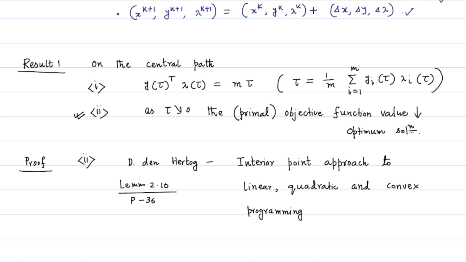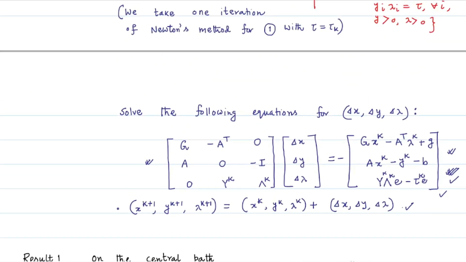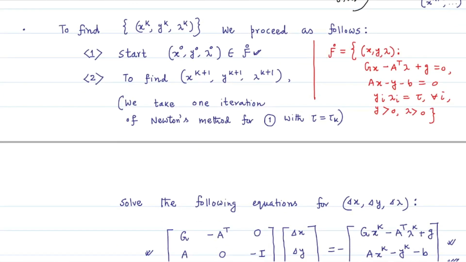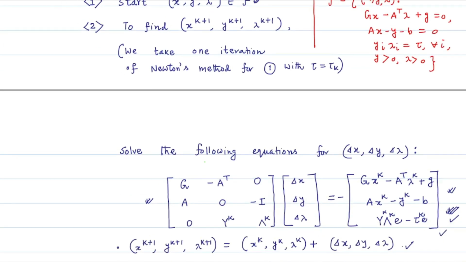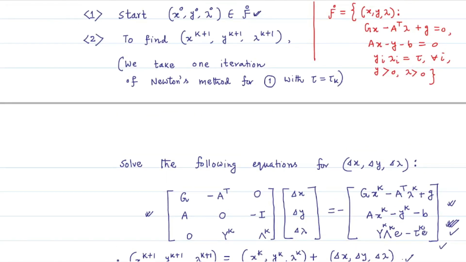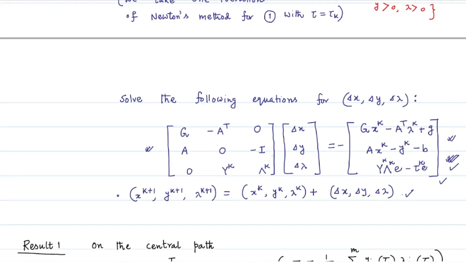We can prove that if we follow this process, the process that I wrote over here to find this sequence xk, yk, lambda k, you start the process with an initial point, then at each and every iterative point, you go for taking one iteration of the approximate KKT system. Then obviously you are going to get a point xk plus 1, yk plus 1, lambda k plus 1.